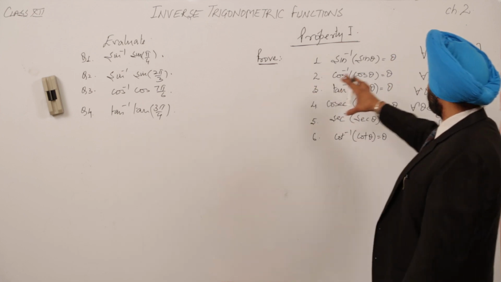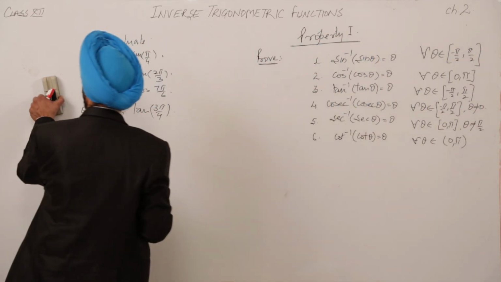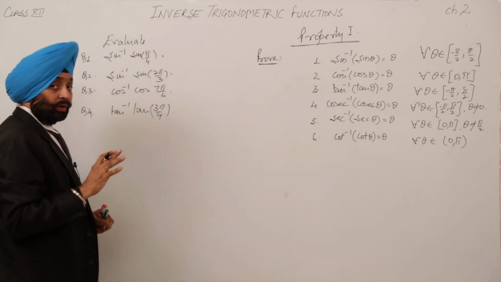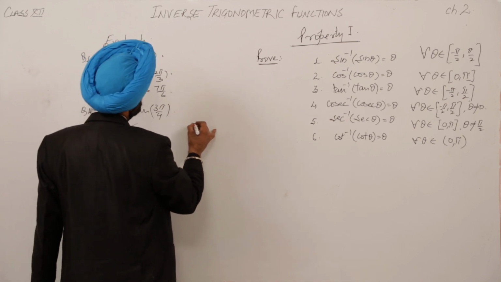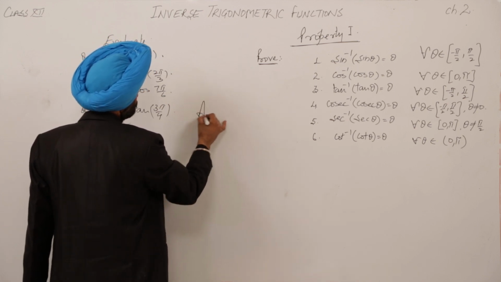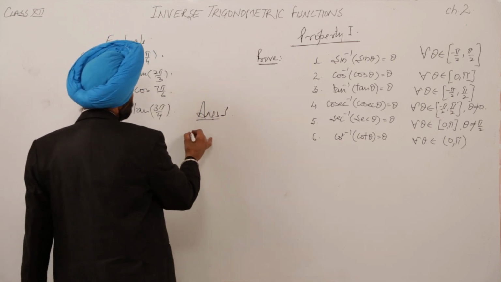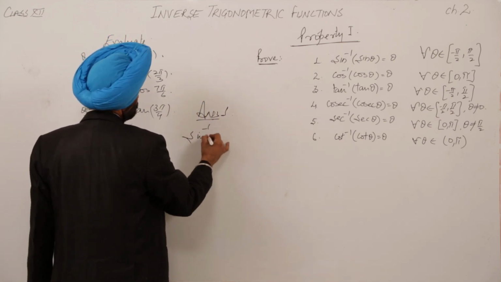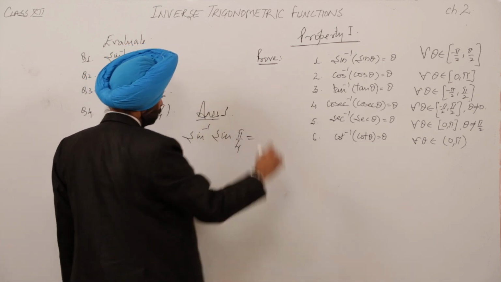We will follow these parameters for solving these questions. Now for question number 1, first of all we have to check where this angle falls. Sine inverse sine pi by 4 is equal to, now where does pi by 4 fall?